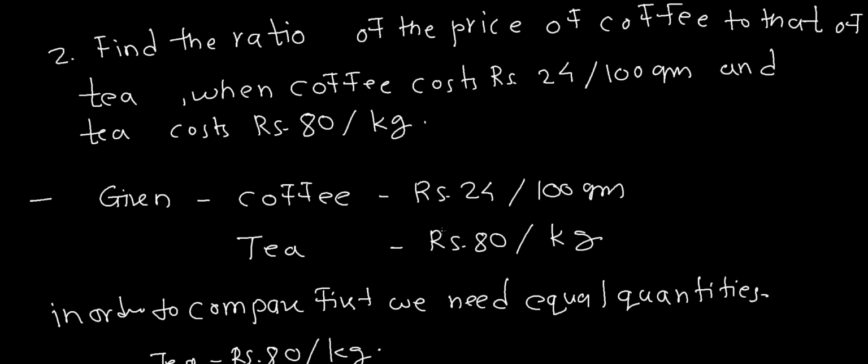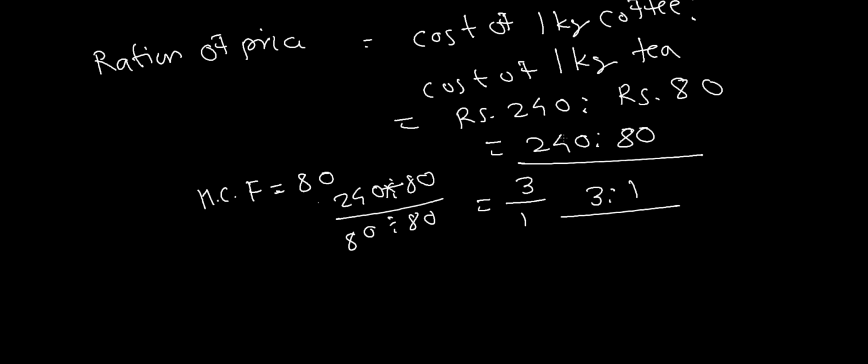What we were asked, the ratio of the price of coffee to that of tea, is 240 is to 80; in simplified form, 3 is to 1.